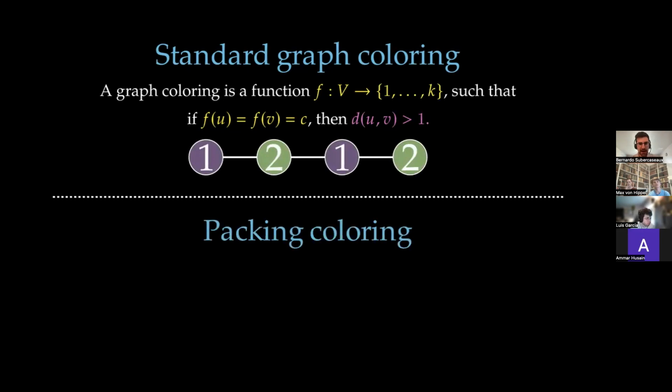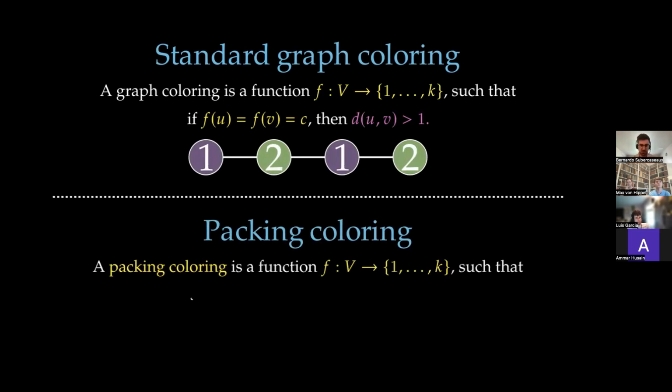So now I'm going to talk about packing coloring, which is the kind of coloring this talk is about. It's also a function from the vertices to the integers, but the requirement is a little bit different. Now, if they share the same color C, their distance needs to be greater than C. In the standard coloring world, the requirement is always that the distance is greater than 1 if you share color C. Now the requirement of distance is based on the color.